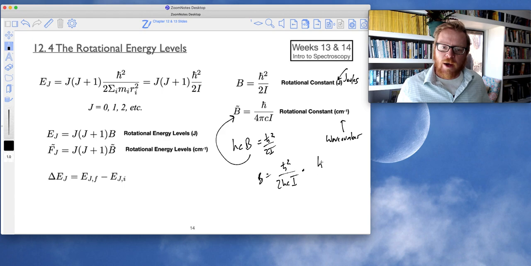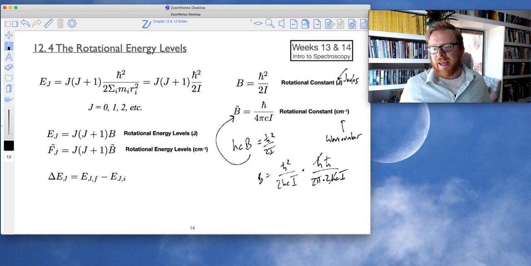So I'll leave one h bar here and make the other just an h, because we know that h bar is equal to h divided by 2 pi. Then there's another 2 and another hc over I. So this h and this h cancel, and that's where I get the 4 pi c I under h.